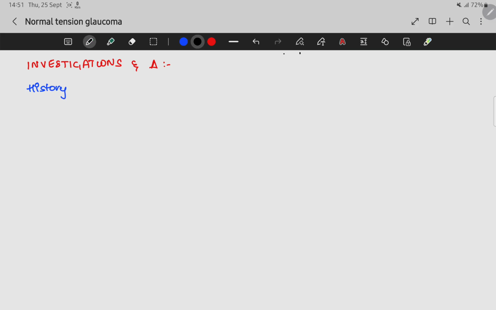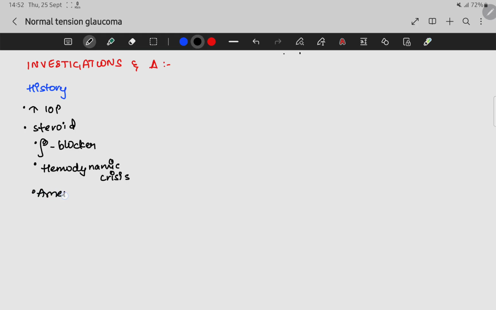we have to take a thorough history of the patient with regard to any previous elevations in the IOP, any steroid use, the use of beta blockers, hemodynamic crisis, anemia, blood loss, low BP, stroke, and all this history we have to take.